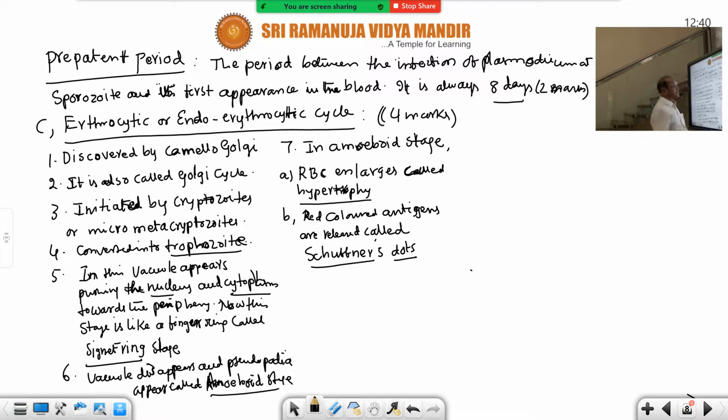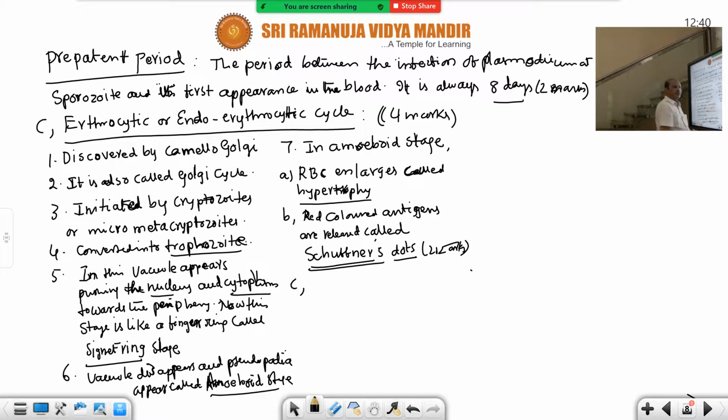Underline it, most important, 2 marks question: what are Schaffner's dots? Red colored antigens released by the parasite in the amoeboid stage are called Schaffner's dots.